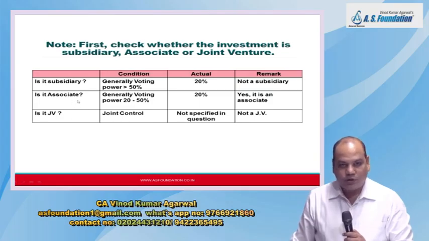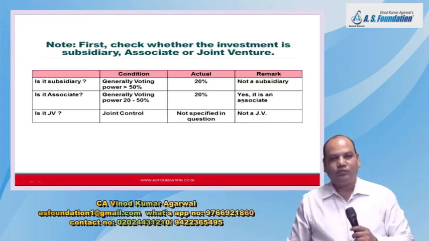Is it an associate? Generally voting power is between 20 to 50%. Actual is also 20%. So the remark is yes, it is an associate.